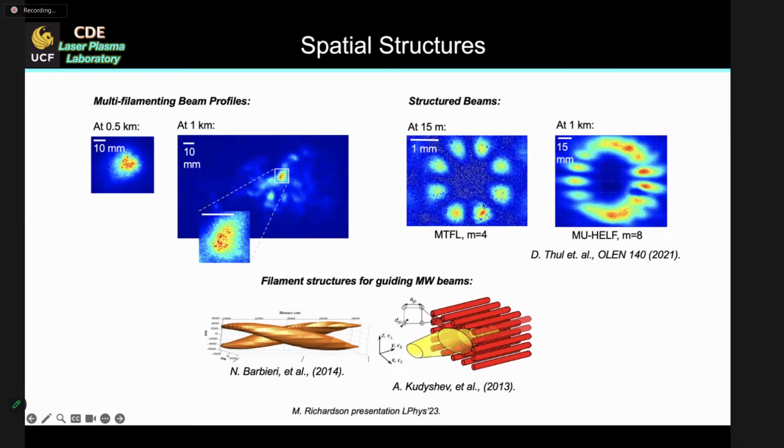There's also the possibility that you can use this type of structure, as our colleagues at the University of Maryland in Milchberg's group have done, to use this lower density air column to collimate visible or near infrared light in a similar way, or at least in an incoherent way. So more on spatial distribution later on if there are questions.